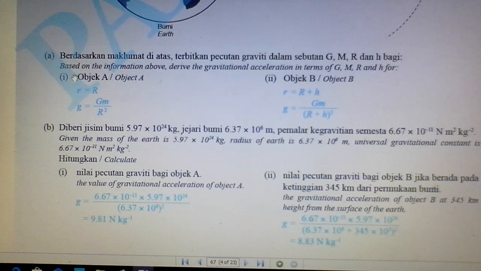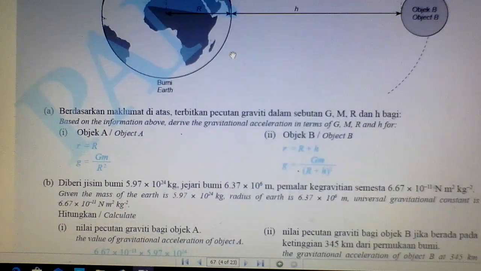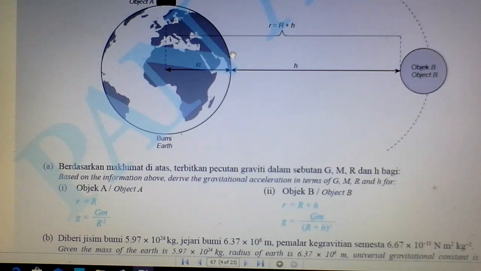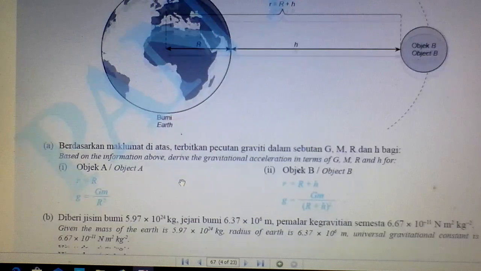Okay, look at object A. Object A is at the surface of the Earth, meaning the distance between object A and the center of the Earth is equivalent to the radius of the Earth. Then we can write r equivalent to capital R. From the formula we get small g equivalent to G M divided by R squared, capital M, not small m.